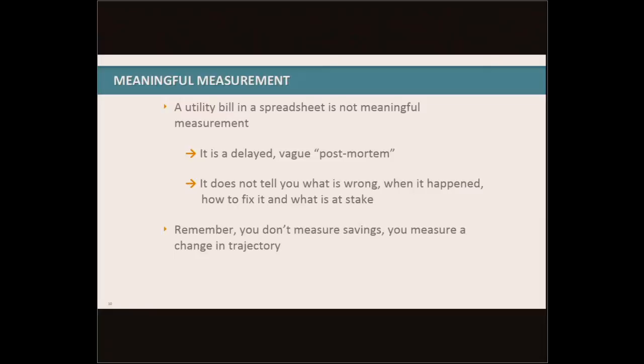We don't know what day that happened on. We know somewhere during the month our energy use went up. Was it because it's a warmer month? Did our production increase? It's very hard to identify what caused any changes in your energy use when you look at just the energy bill. It does not tell you what is wrong, when it happened, how to fix it, and also what is at stake. So remember, you don't measure savings, you measure a change in trajectory.